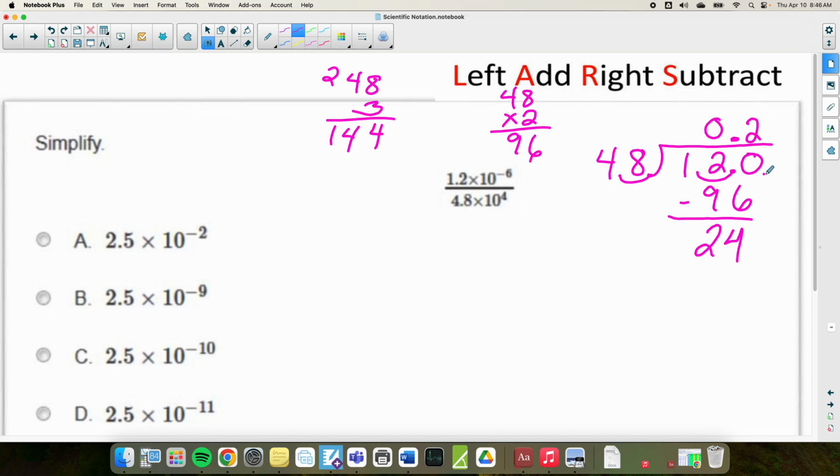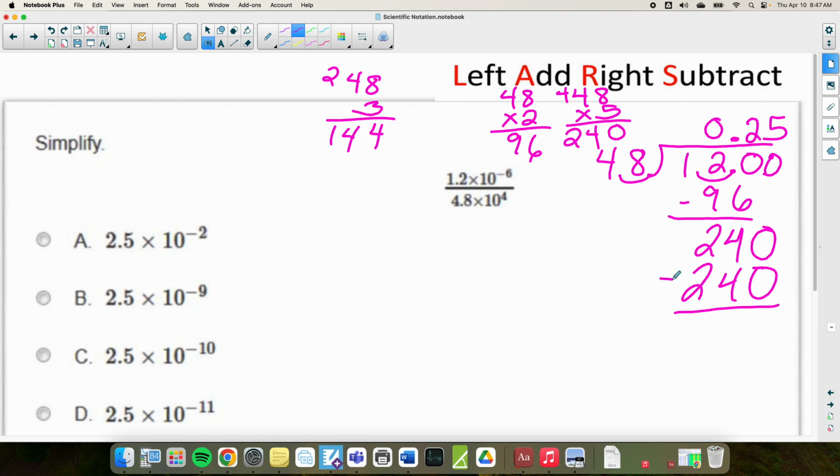No. Okay, so I add my 0, I bring my 0 down, okay? Now, does 48 go into 240? And it does. So if you tried like 48 times 5, let's try that. 8 times 5 is 40, 0, carry the 4, 5 times 4 is 20, add 4 is 24. So it goes in there exactly 5 times, okay? 5 times 48 is 240, and that's 0, okay?